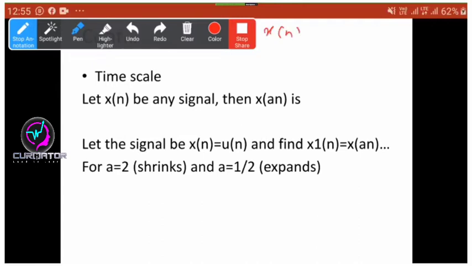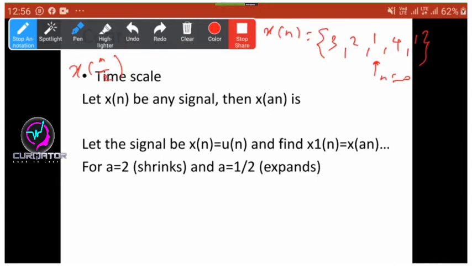Let me give a new example for this. x of n equal to 3, 2, 1, 4, 1. Let this be n equal to 0. Now I want x of n by 2.